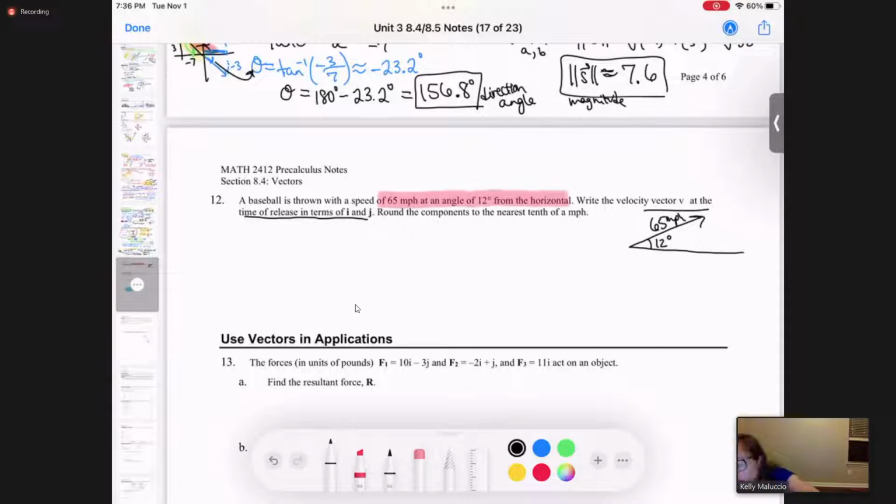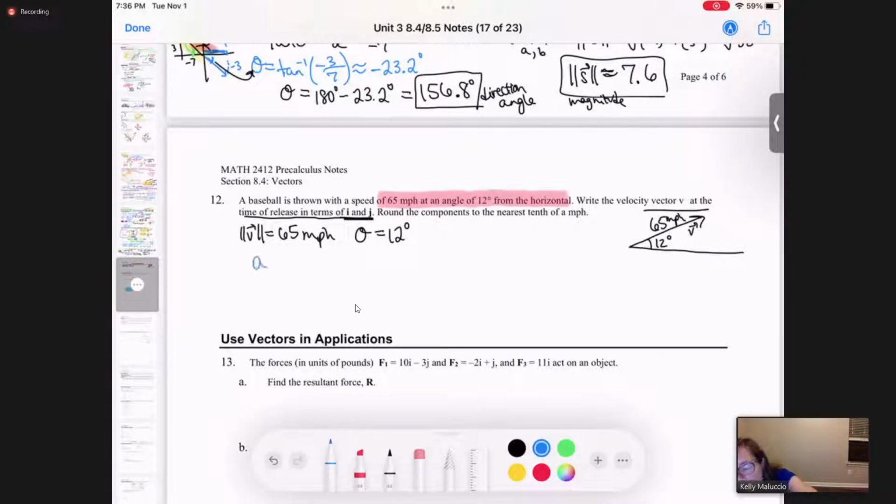So if this is our vector v, then they gave us the magnitude is 65 miles per hour, and the angle is 12 degrees. So in terms of i and j, we want to calculate a and b, and then just write our vector.